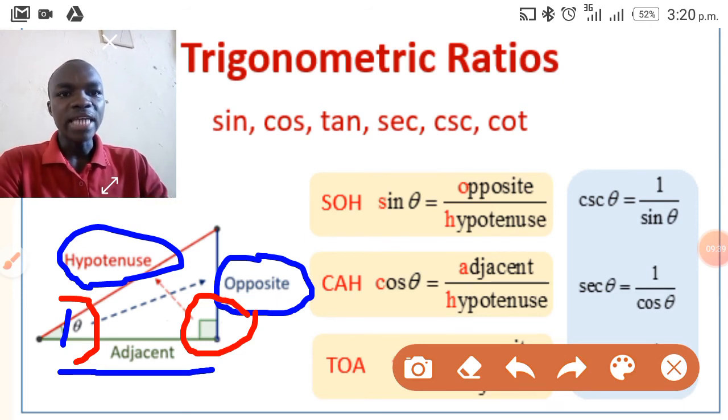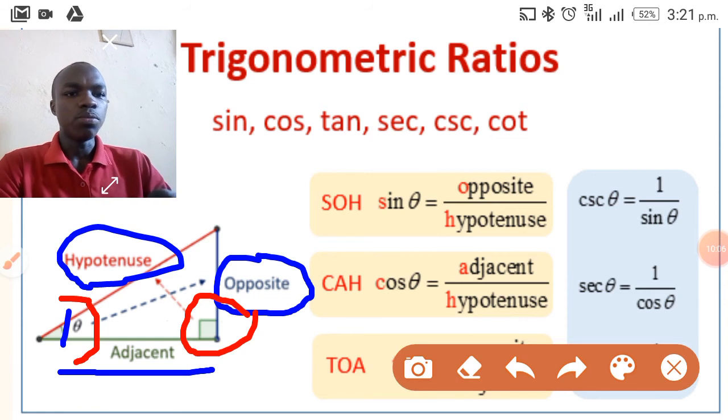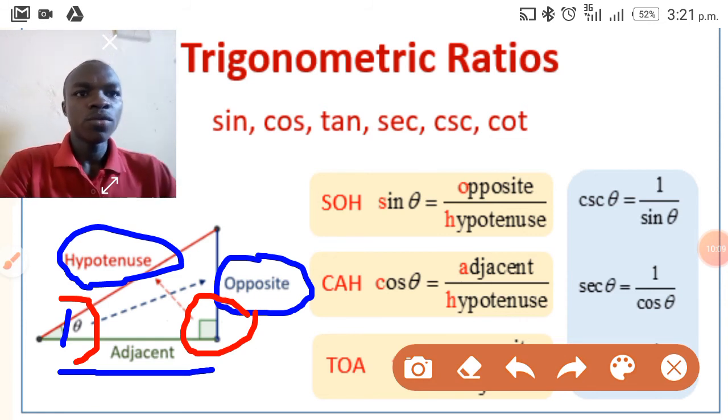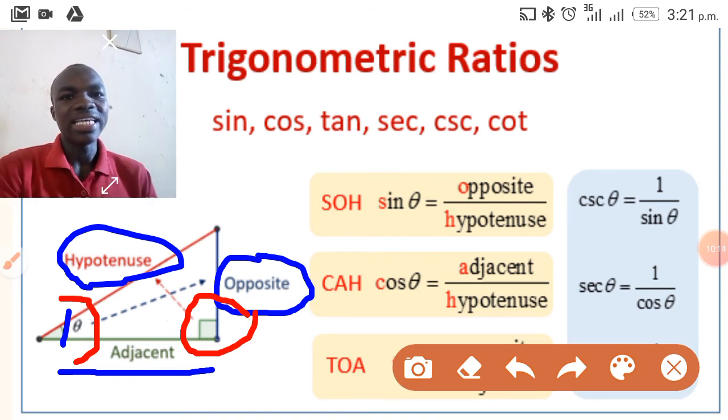So any line that your right angle and theta fall on, that side is called the adjacent. And your angle is opposite the hypotenuse, while the side opposite theta is called the opposite.